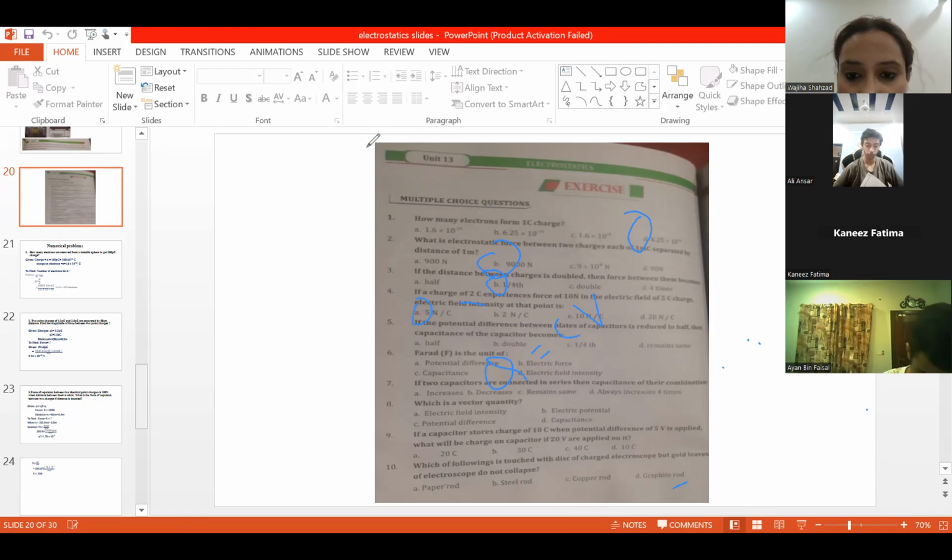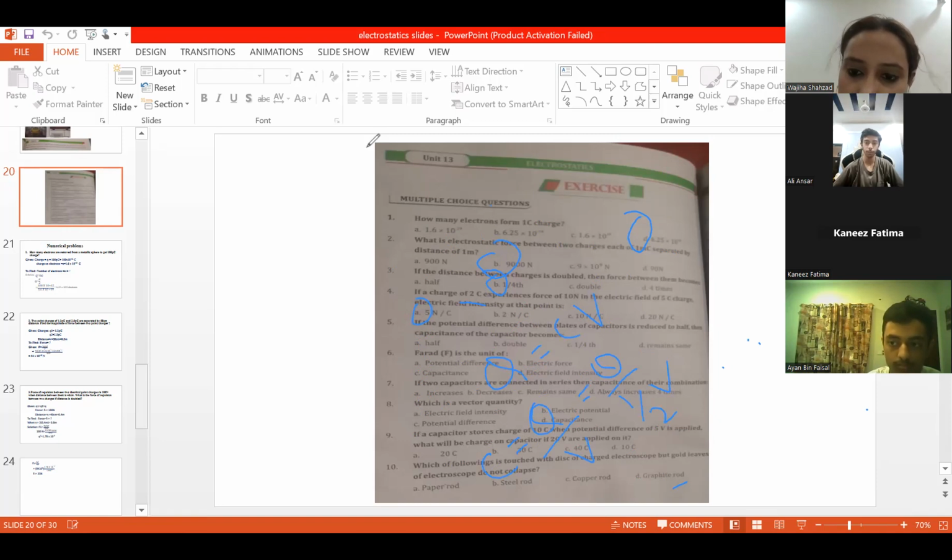So we have to find out the value of capacitance. So we will divide Q by V, which equals C. So if we have half the potential difference of plates, it will be Q divided by 1 by 2 V, right?